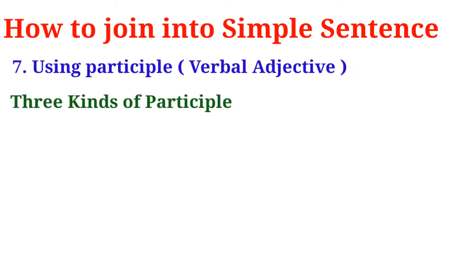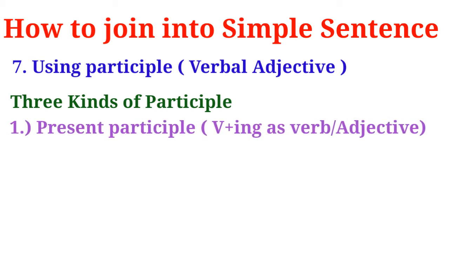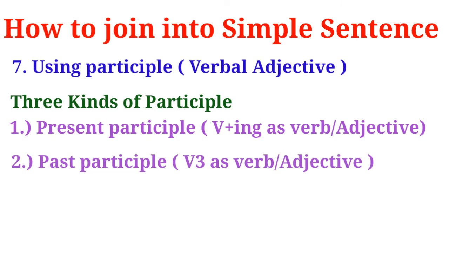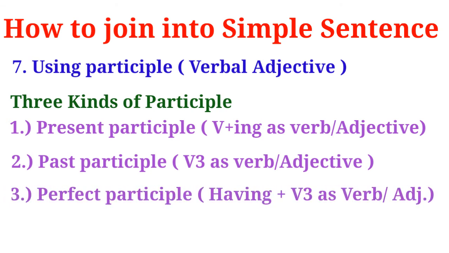The seventh technique that can be used to join into a simple sentence is using participle. That is verbal adjective. Means a participle has two qualities. The first one is verb and the second one is adjective. The three kinds of participle can be seen as following: present participle, that is verb plus ing as verb or adjective; past participle, that is V3 as verb or adjective; and the third kind is perfect participle, that is having plus V3 as verb or adjective.